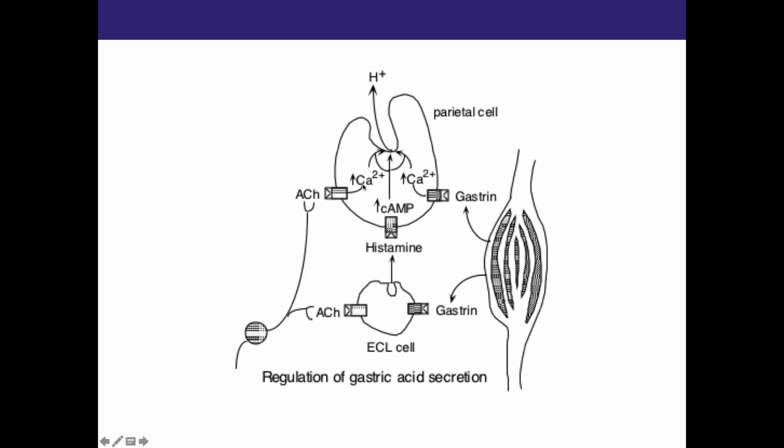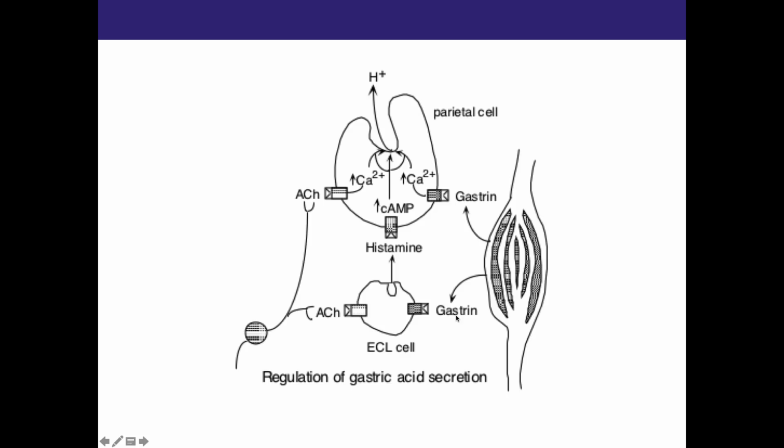These are Gq coupled receptors because they increase intracellular calcium. But as you start to eat food, and food is now entering into your stomach, more and more acetylcholine and gastrin is going to be released. It actually starts to ramp up the system.